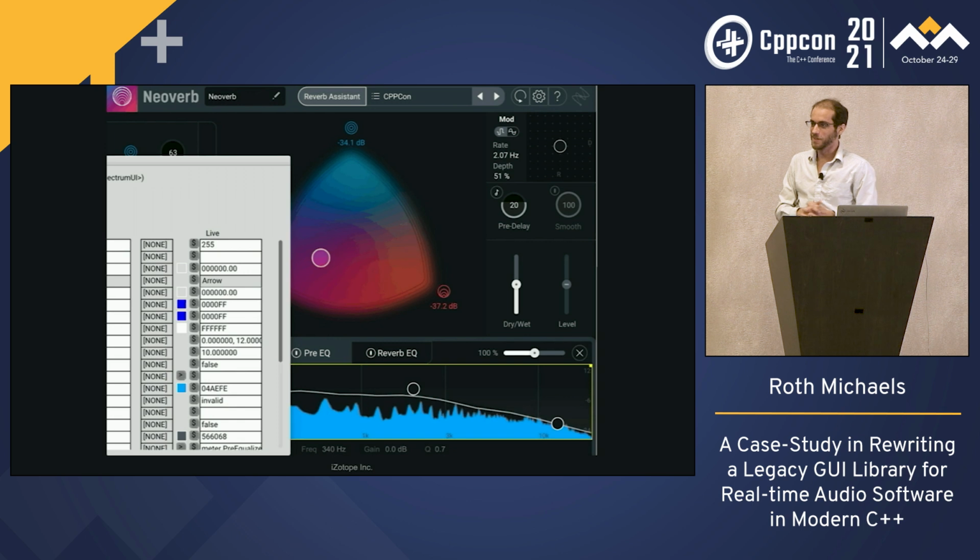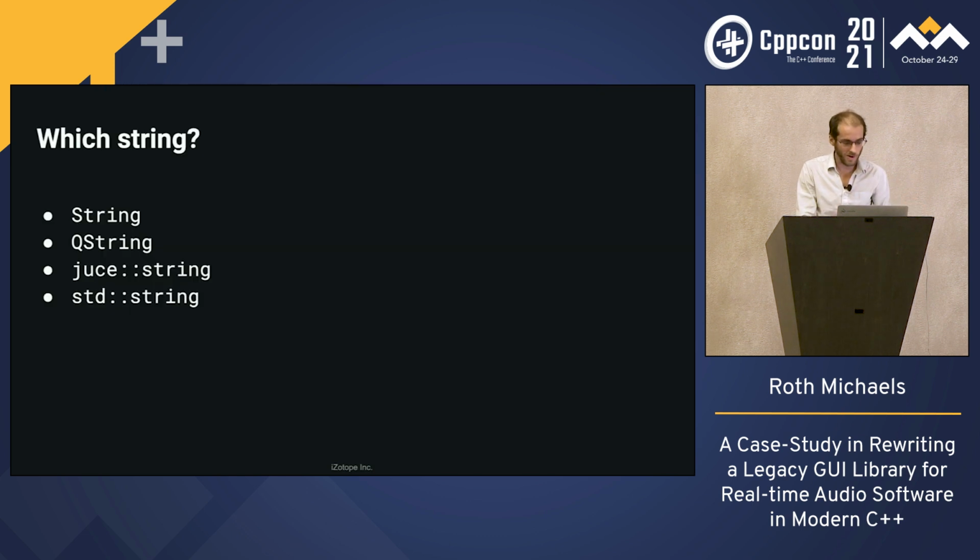baggage that we wanted to deal with. And so we were looking for alternatives. We looked at JUCE, Qt, and a number of other libraries. One question that came up as well was, which string do we want in our code base? Because we had our own capital S String, I'm sorry, it's in the global namespace, that predated std::string, I think. Qt has QString, JUCE has juce::String, and of course the standard library now has std::string.